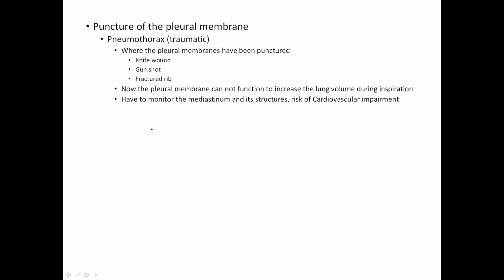And that's what happens with pneumothorax: air starts to build up outside the lung field, which creates something like a deflated balloon. So here we have a lung that's nice and open, and then all of a sudden a puncture happens, whether it's from a knife wound, gunshot wound, a broken rib, whatever, or it can be spontaneous, but it pops. That pleural cavity area pops, and so air starts to leak in.